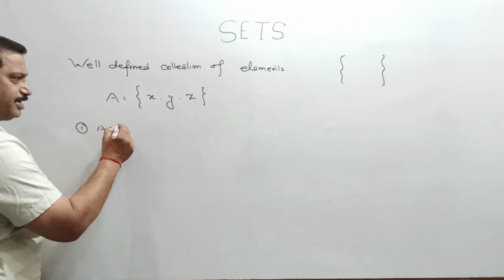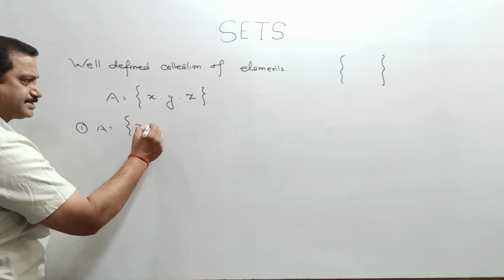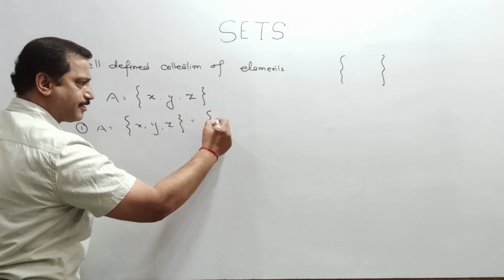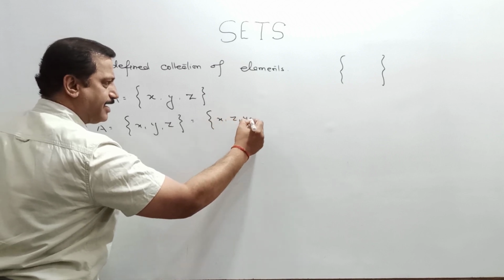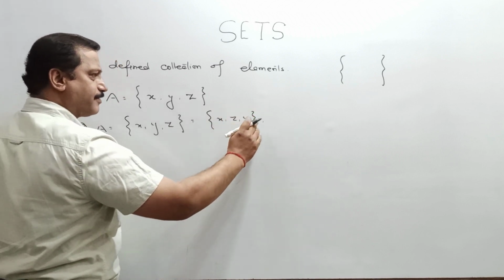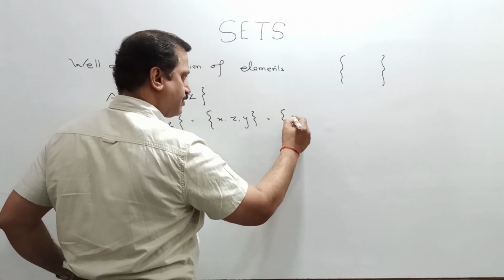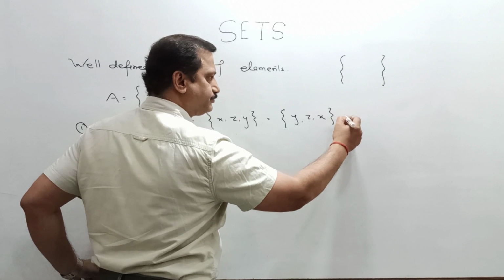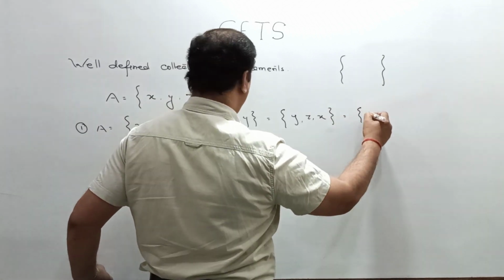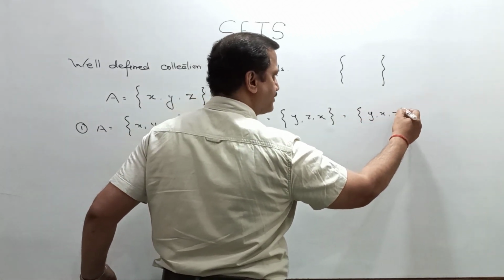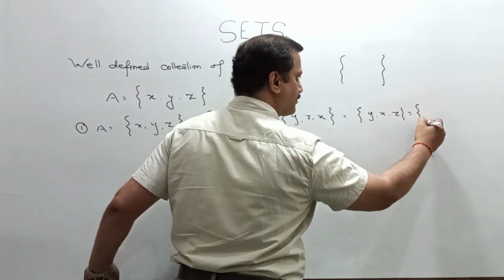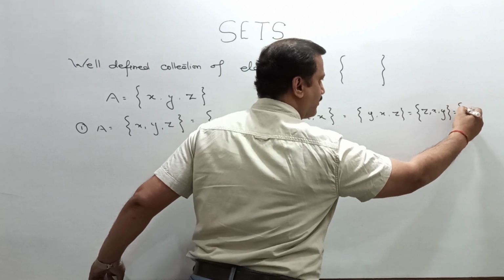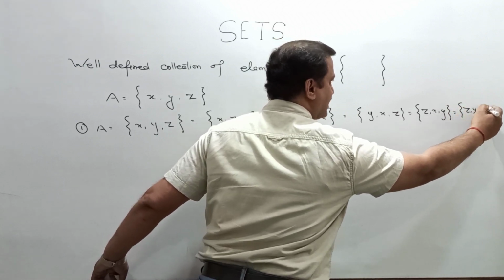A can be written as x, y, z or x, z, y or y, z, x or y, x, z or z, x, y or z, y, x.